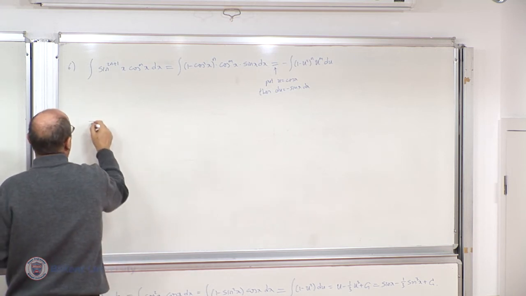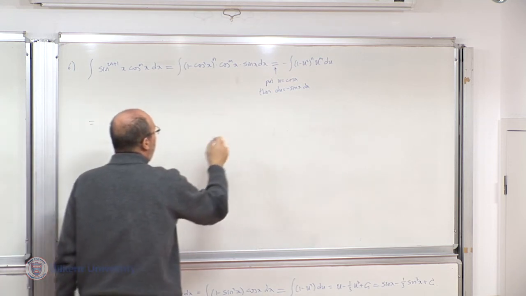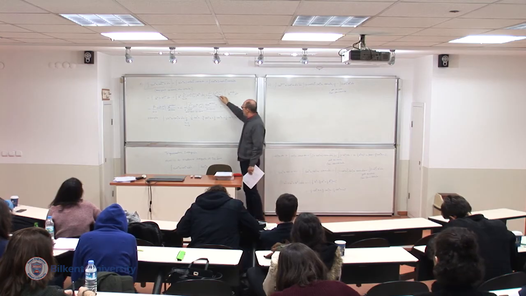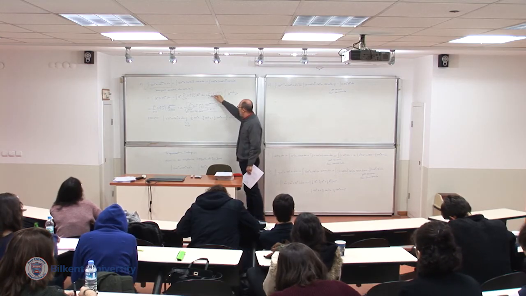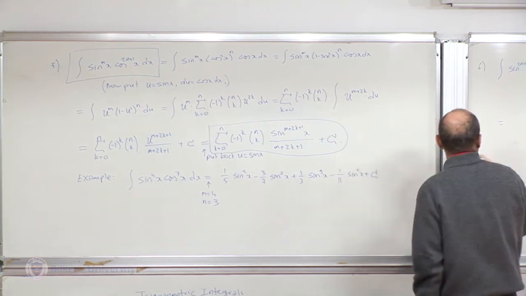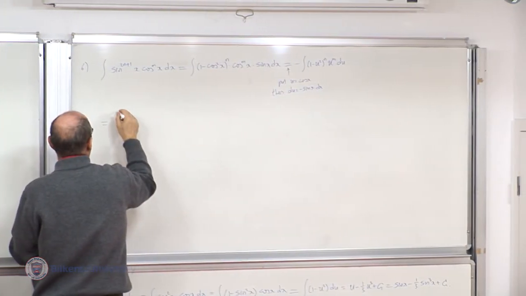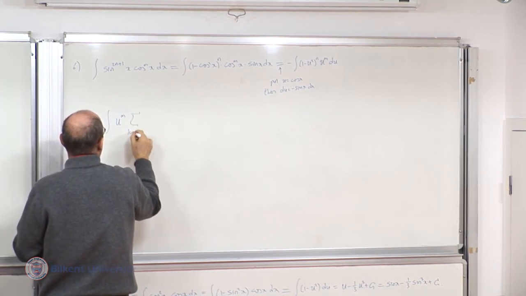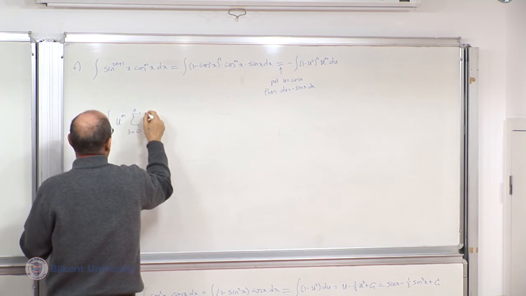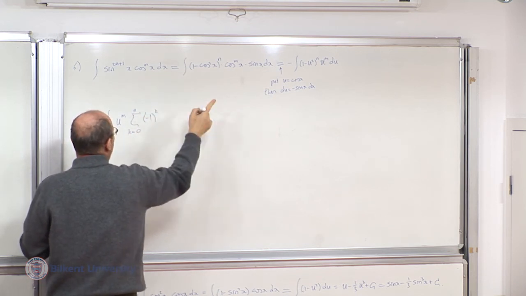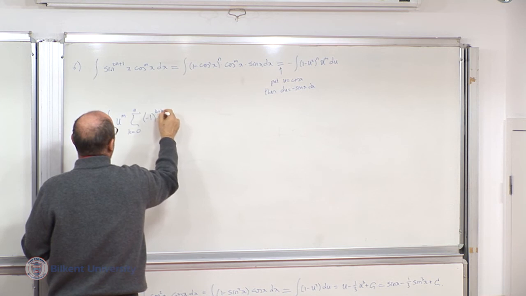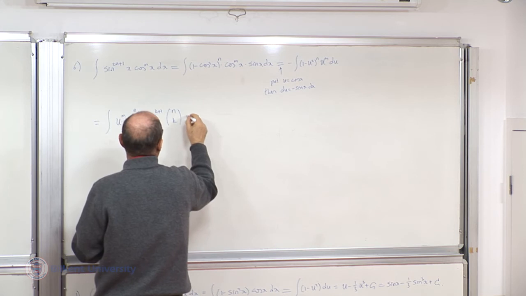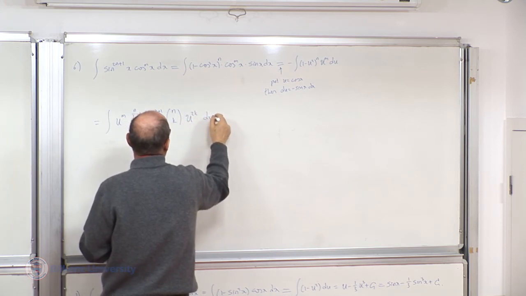Now I'll take this minus into the expression here. Here I have minus 1 to the power k, and in this example I have a minus here, so I'll make it k plus 1. So this is the integral of u to the power m, the summation from k equals 0 to n minus 1 of (-1)^(k+1), n choose k, u to the power 2k du.